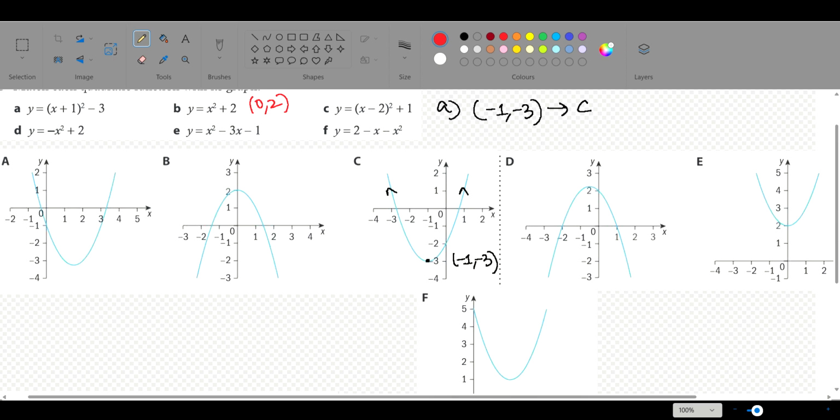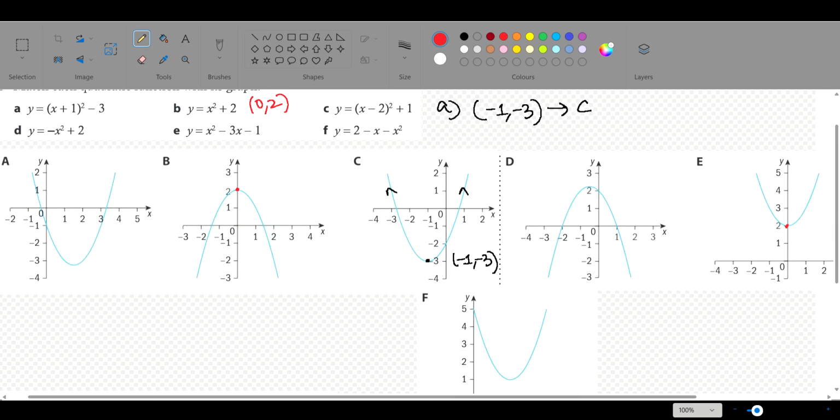So I'll look into the parabolas having 0 comma 2 as the vertex as well as the y-intercept. So I can see there is B which is having 0 comma 2 as the vertex and the y-intercept 2. Then there is E, also having 0 comma 2 as the vertex as well as the y-intercept. But which one should I choose, B or E? That is the question.